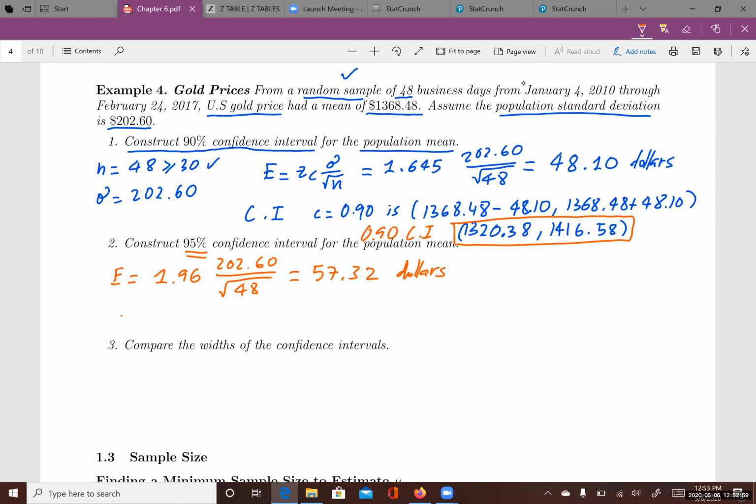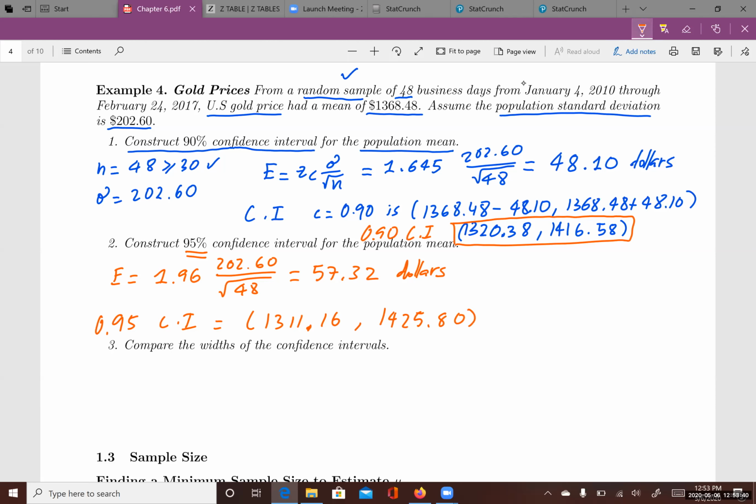And then the 95%, or 0.95, confidence interval is going to be 1368.48 minus 57.32, which is $1,311.16, and 1368.48 plus 57.32, which is $1,425.80.